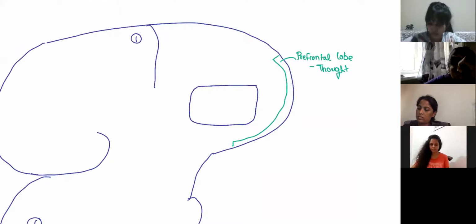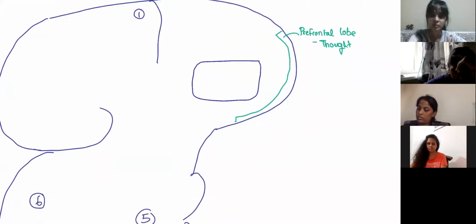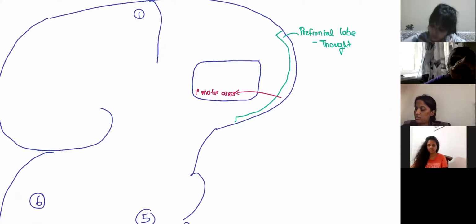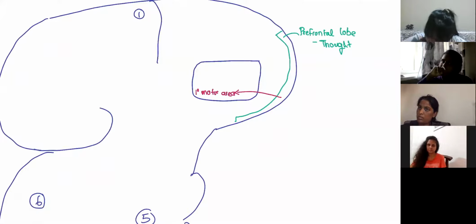Guys, I discussed this in the basal ganglia lecture. So it sends signal to the primary motor area. What is the thought? Pick up your phone. Okay. And that sends signal to the basal ganglia.